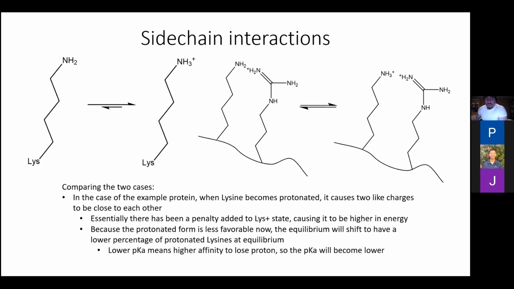So the protonated form becomes less favorable, which means that you won't want it to be protonated a lot. It's more acidic because you want to lose that proton. That means that the pKa will be lower. Any questions on this?